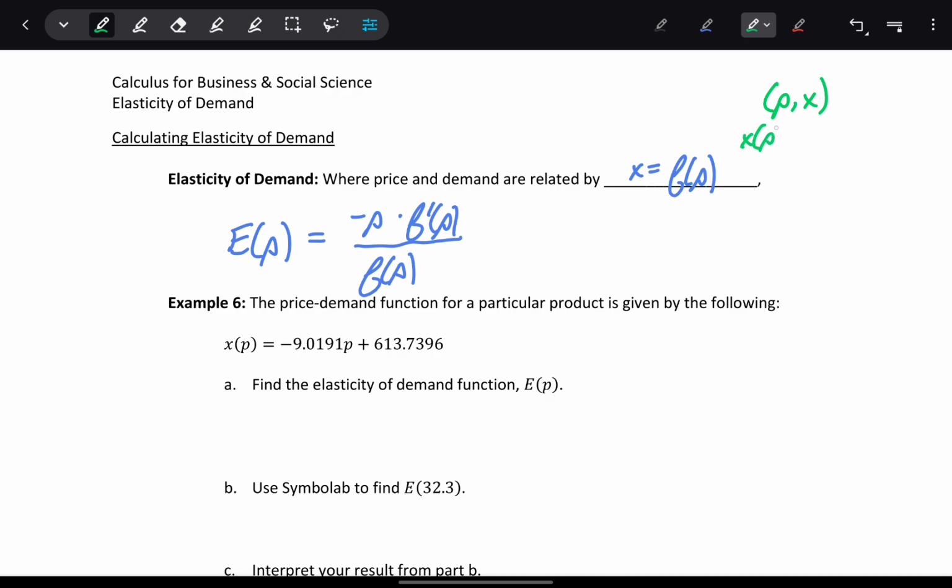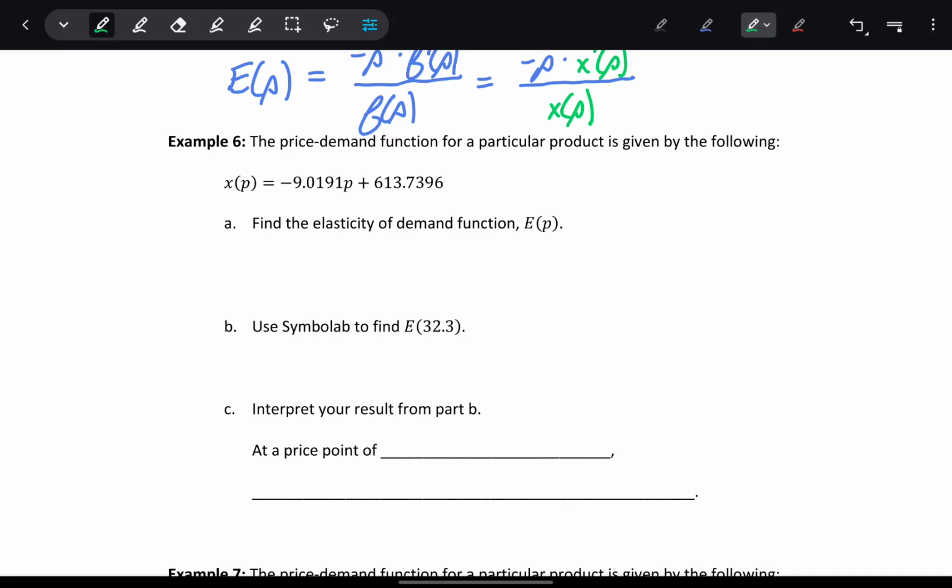That output then will be some function x of p is equal to m times p plus b, meaning we can rewrite this function as negative p times x prime of p, so the derivative of that linear price demand function, divided by the original price demand function, where again p is the independent variable.